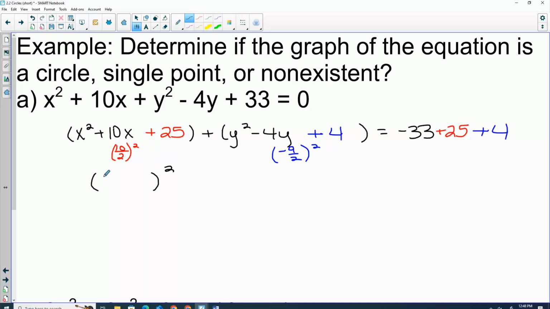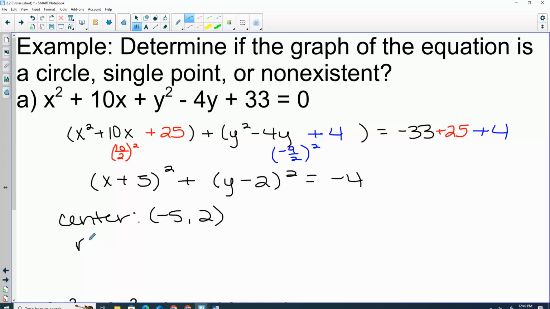Alright, so this would factor into x plus the square root of 25, which is 5, squared. This one would be y minus, and the square root of 4 is 2, squared. What do we get over here? Negative 4. Okay, so I'm trying to decide if this is a circle. If I look at it, my center would be what?